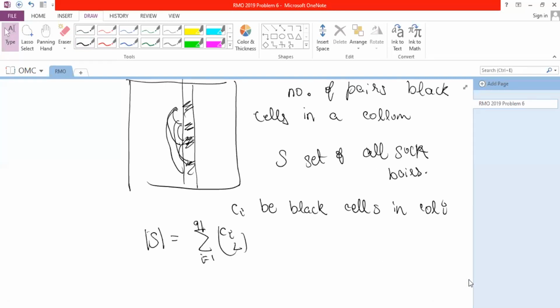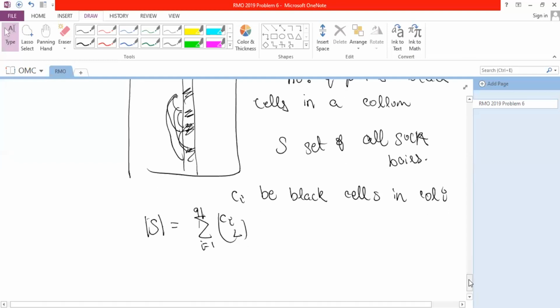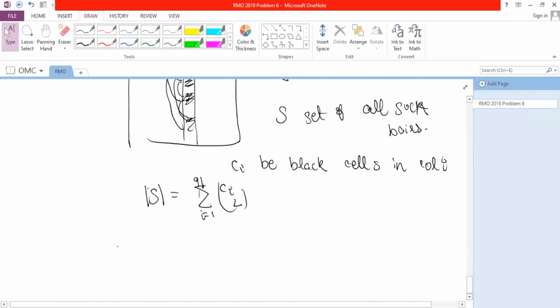Great. Now note that each element of S belongs to 2 different rows.